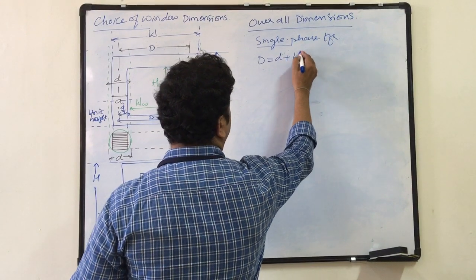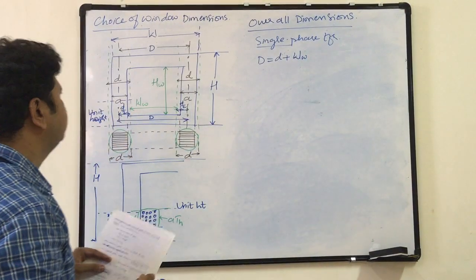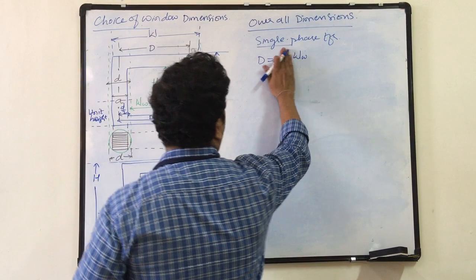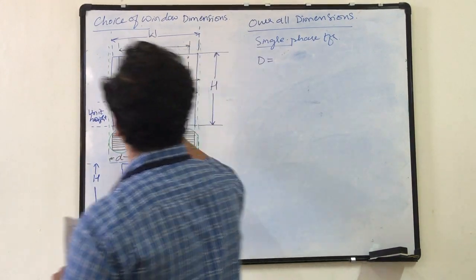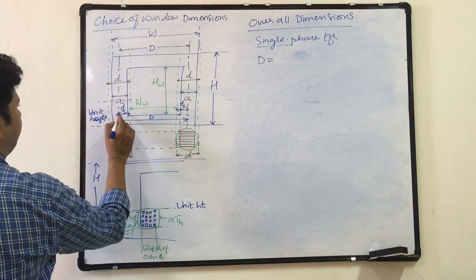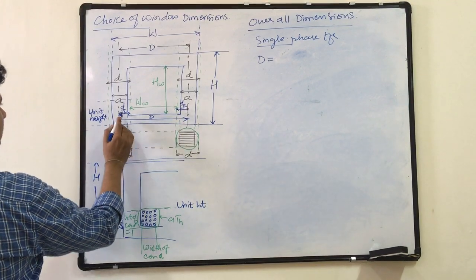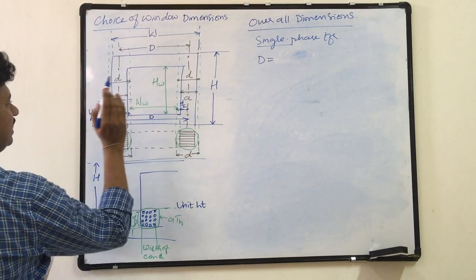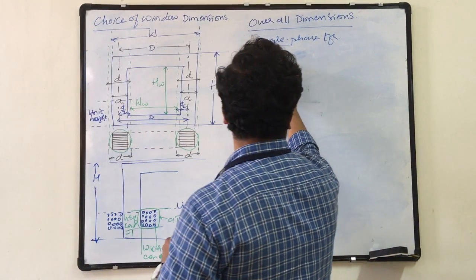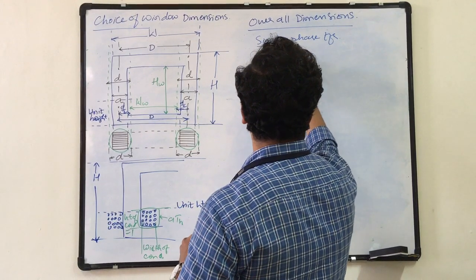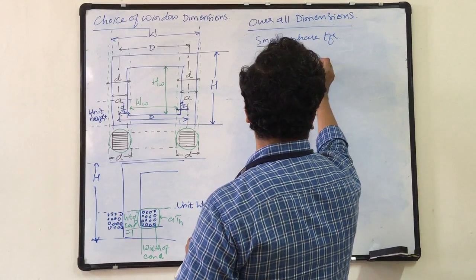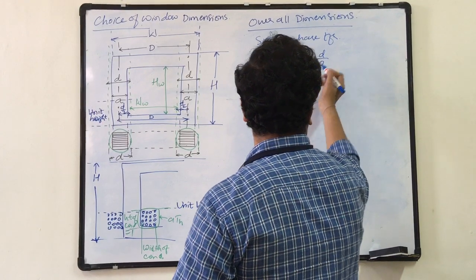Capital D is equal to d plus width of window. You can observe that capital D is this: d by 2 plus width of window plus d by 2. So I can write d by 2 plus width of window plus d by 2.